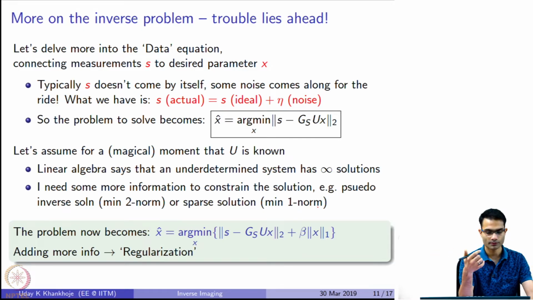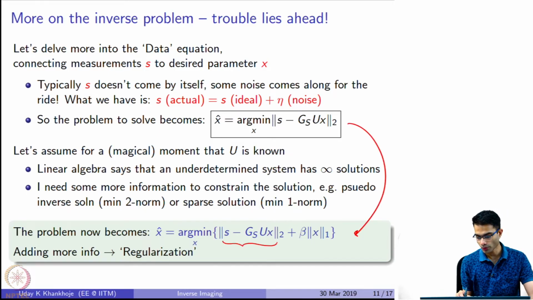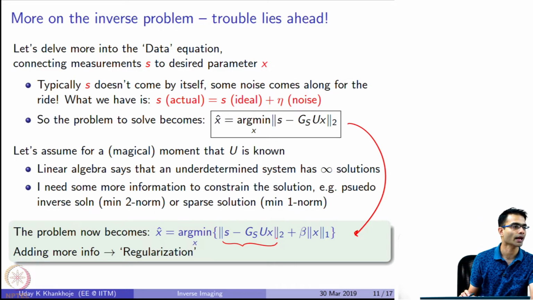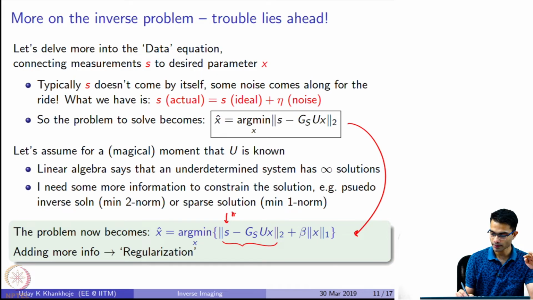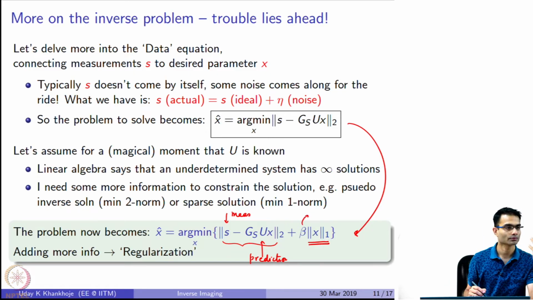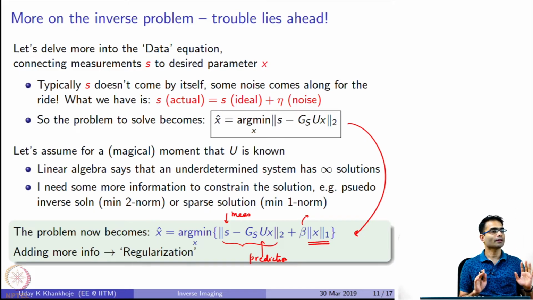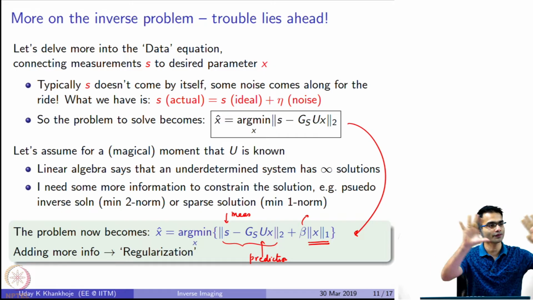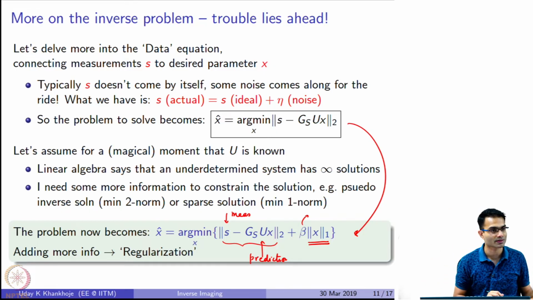Then this optimization problem gets modified like this: not only do I want to minimize the difference between prediction and measurement, this is my measurement and this is my prediction, but I also want the 1 norm to be a minimum, and beta is some hyperparameter which I will determine numerically. My ideal solution is one which minimizes both of them. Out of this infinity of solutions, I want that solution which minimizes this.